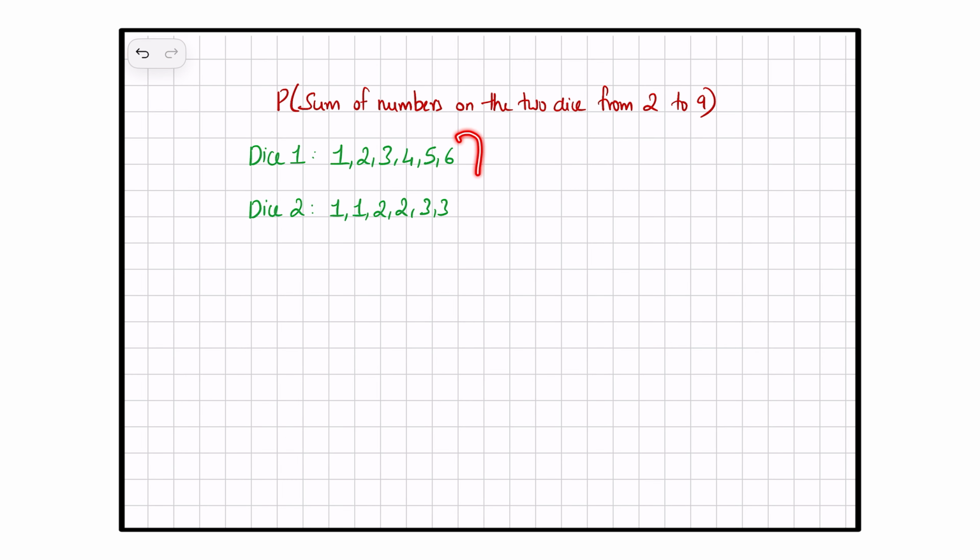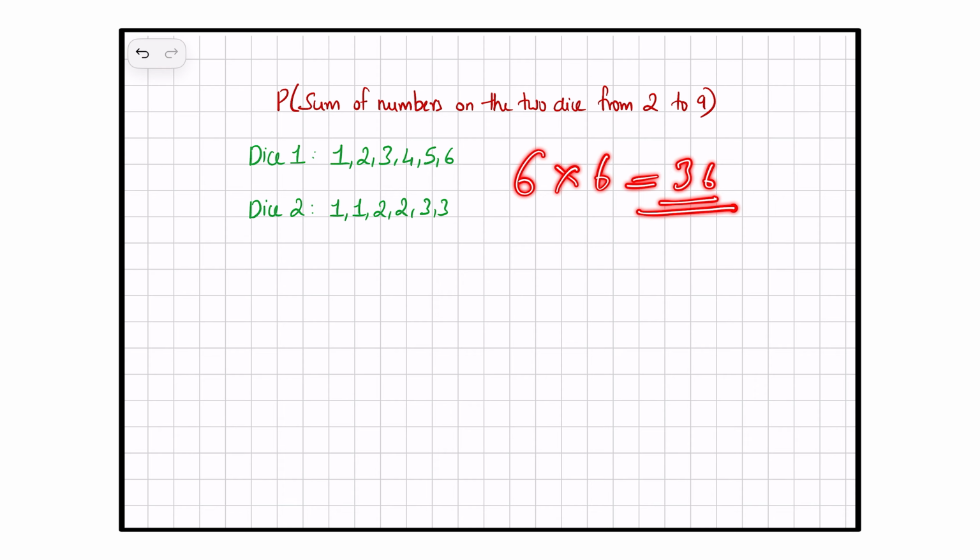In this particular problem, the total number of possibilities will be still 36. That is not going to change because we have 6 numbers here, 6 numbers here. That means the total possible outcomes will be 6 into 6, 36. Now we have to find the favorable outcomes.